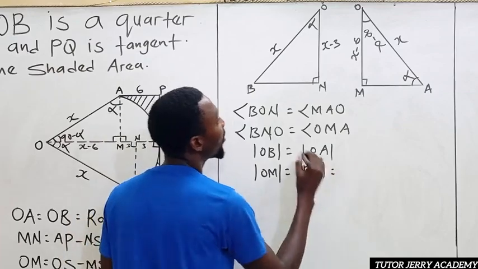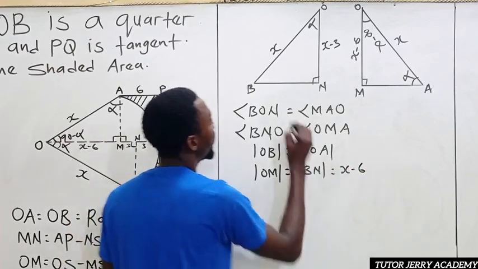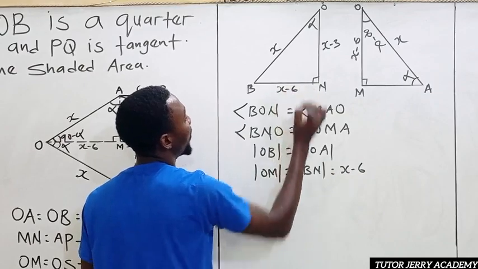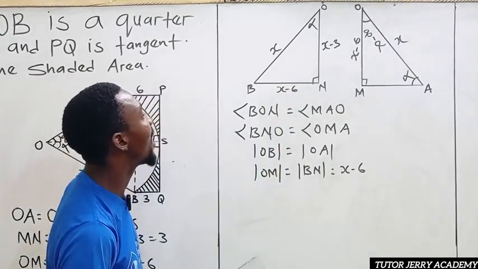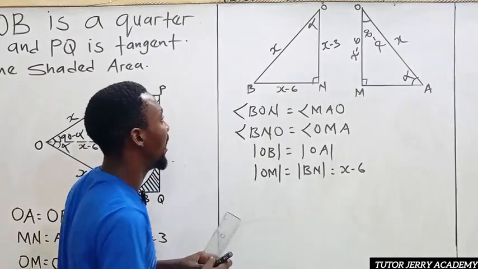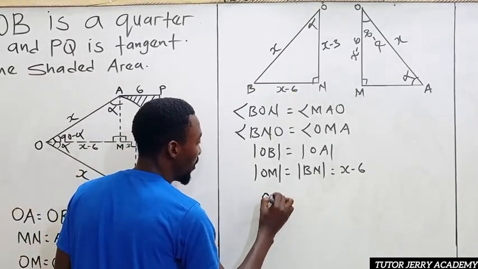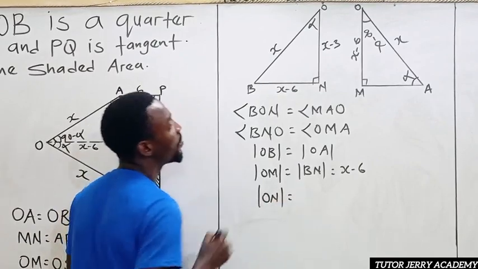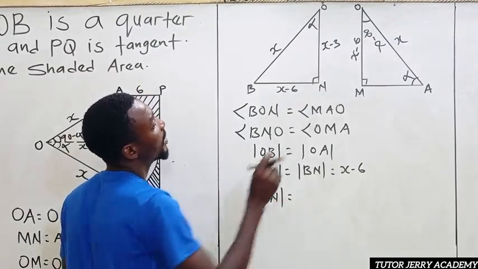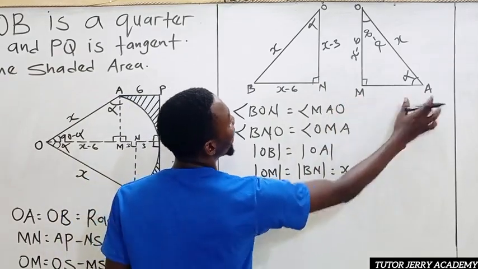Alright, which is going to be equal to X minus 6. So it means that here is going to be X minus 6. So again, if you look at line ON, it is going to be equal to line MA.